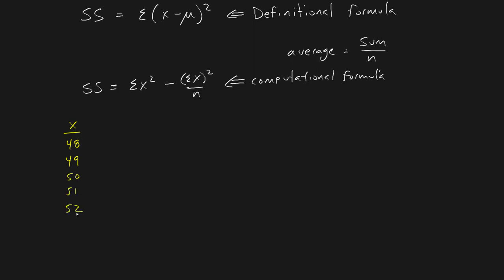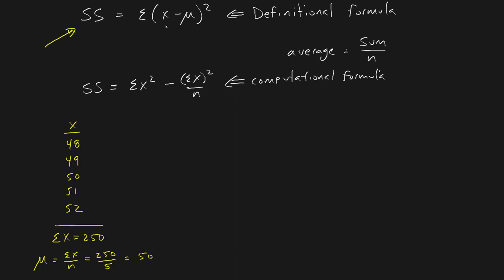You might recognize this from a previous concept video where I found that the total was 250, and I used that total to find the mean. That is the sum of x over n, which is 250 over 5. My average is 50.